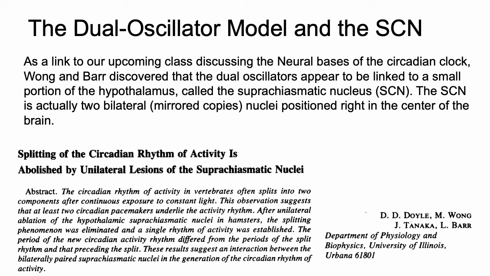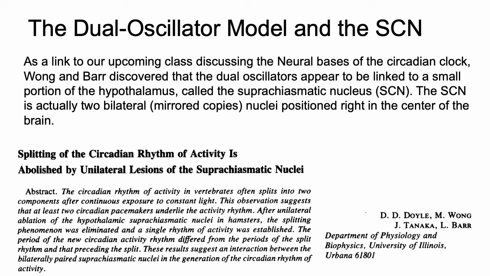It's actually composed of two nuclei that are bilateral, so if you split our bodies in a mid-sagittal slice down the middle, you would have a left and a right suprachiasmatic nucleus on each side. But collectively, they're often referred to as the suprachiasmatic nucleus, even though it's two nuclei positioned right next to each other.